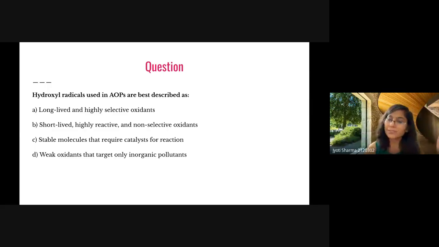Yes, B is the right answer. You both gave me B, and we already learned this is short-lived, very reactive, and not selective in nature, right? This is non-selective, and it can target a lot of inorganic and organic pollutants. That's how it is. It is a very strong technique by which we can remove the unwanted contaminants.